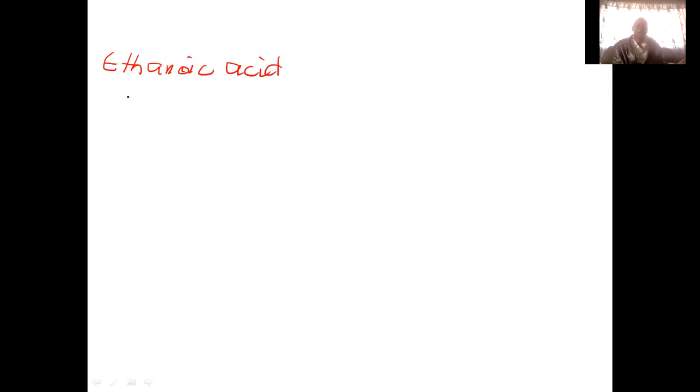So the general formula for organic acids is actually CnH2n plus 1, and you add the carboxylic group.